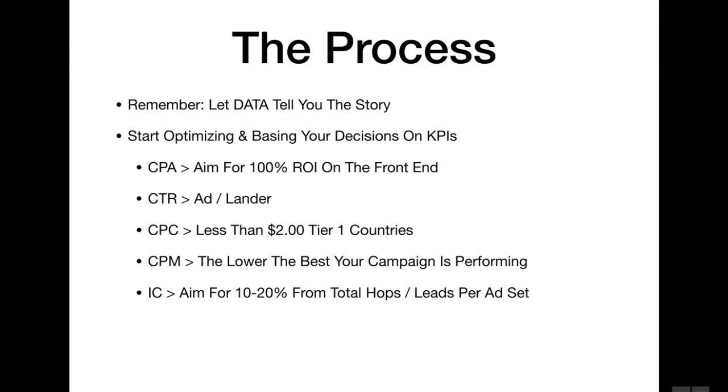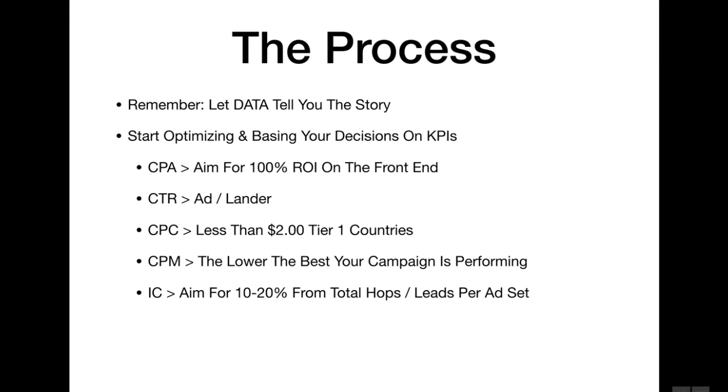So let's say you have 100 hops or leads. You want at least 10 to 20 people to get to the checkout page and initiate checkout. That's a good sign that the offer is going to convert, and that it is converting, for you to start scaling.